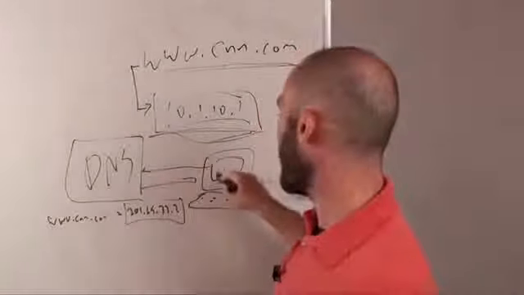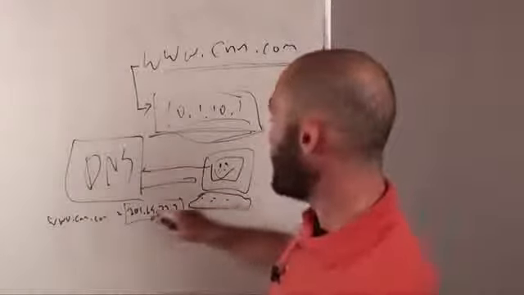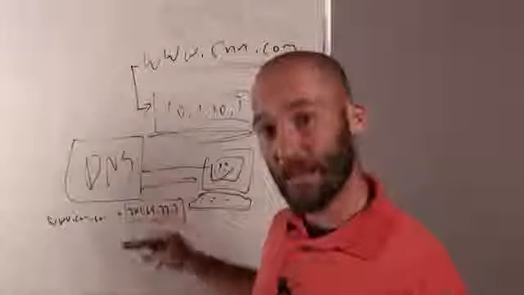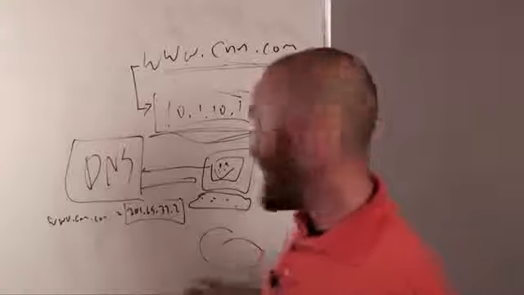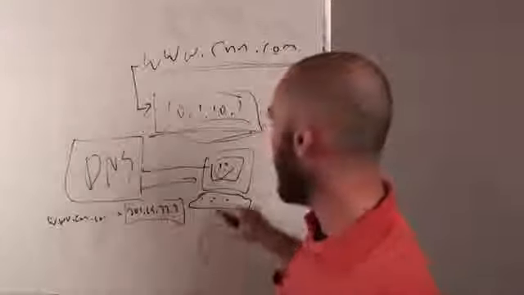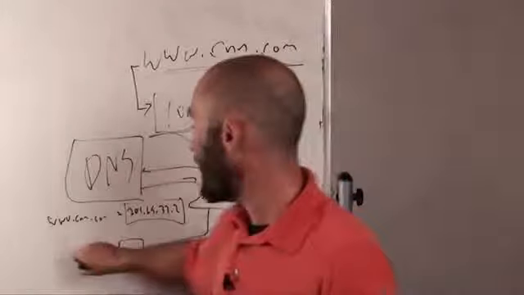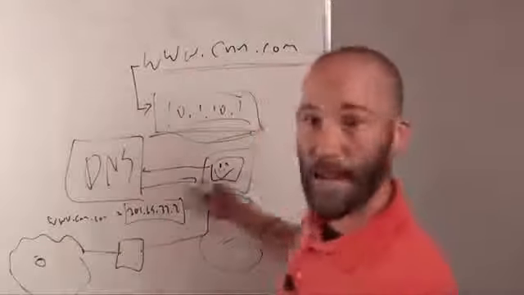Your computer then goes, oh, thank you, I now know what to do with that. So it then uses this 201.65.33.2 IP address. It looks at the internal network for the IP address. If it can't find it in the internal network, it then goes to your router, to your default gateway, and your default gateway then goes out to the internet and connects your computer.